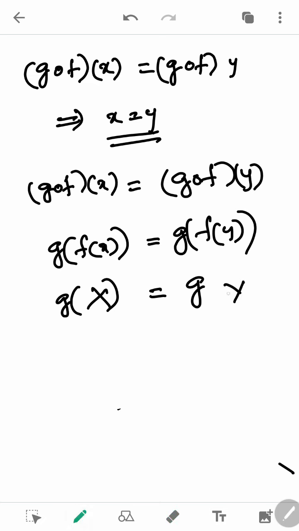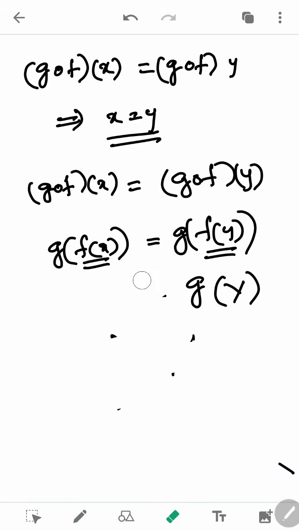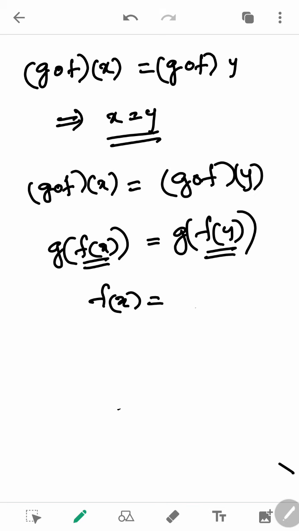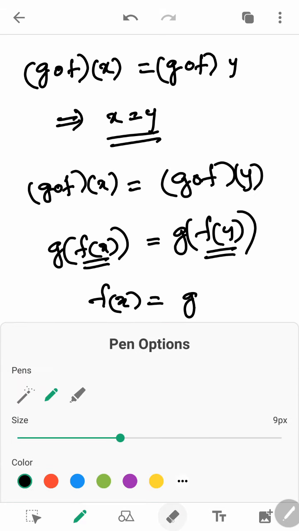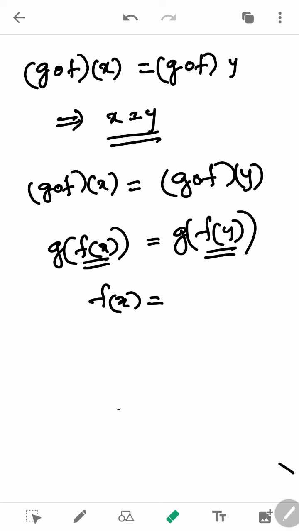Since g is injective, here x is f of x and y is f of y, so f of x should be equal to f of y. But f is injective. Therefore, x is equal to y.